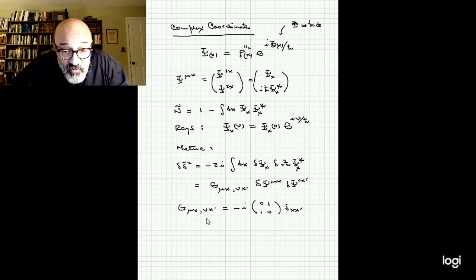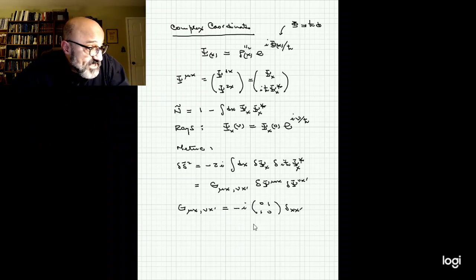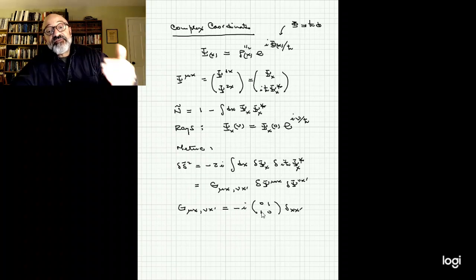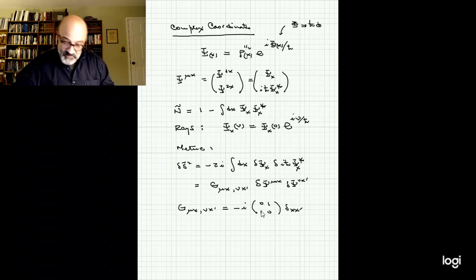So why is this an interesting metric tensor? Well, it is a very interesting metric tensor because its components are independent. They're constants, just ones or i's or things like that. So their derivatives are going to vanish, and that means that the Lie derivative is going to be much simpler.